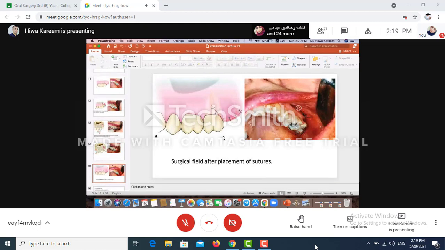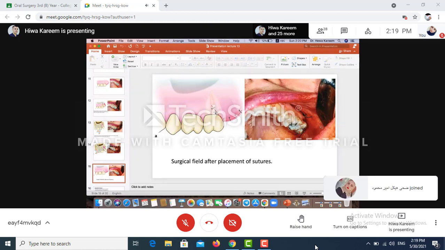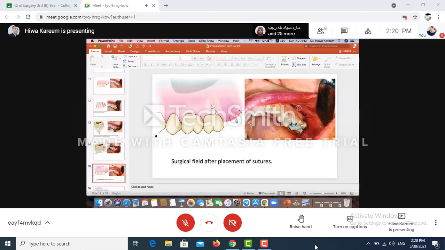After removal of the upper third molar, the flap must be sutured with simple interrupted sutures. In a lecture, inshallah, after two lectures, we will give a lecture about the flap and a lecture about the suture materials.